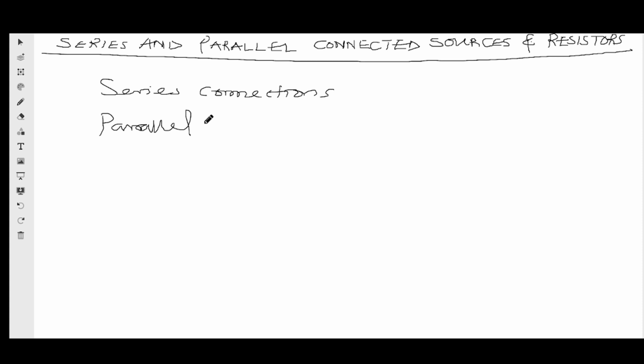So here we'll be understanding how current divides and how voltage remains constant across components in a parallel circuit. We will analyze the equivalent resistance in parallel configurations, and we will understand why parallel connections are preferred.